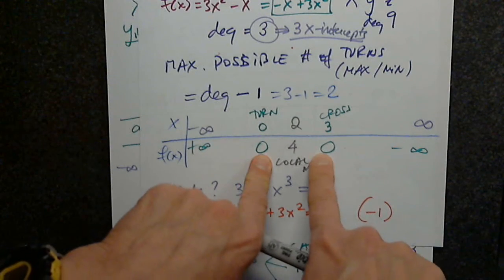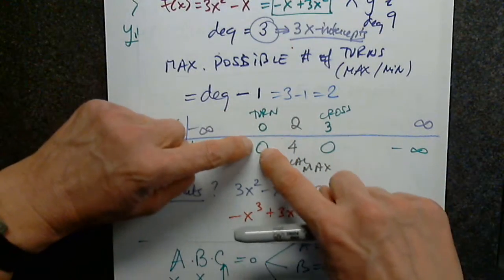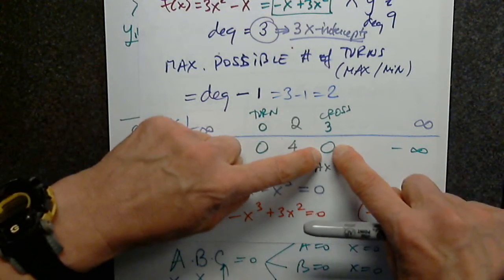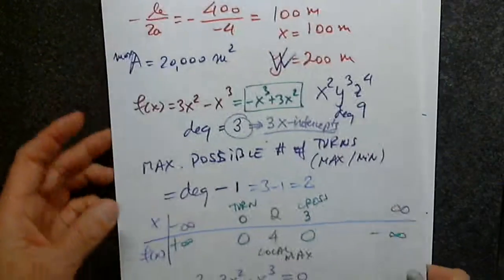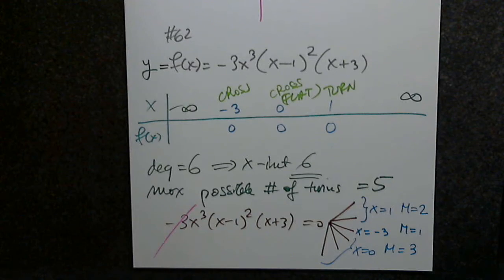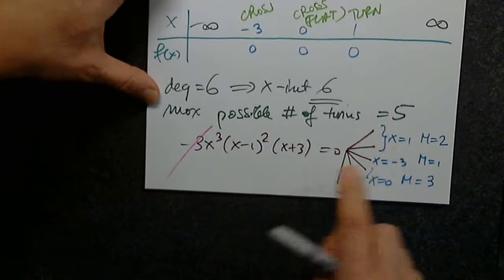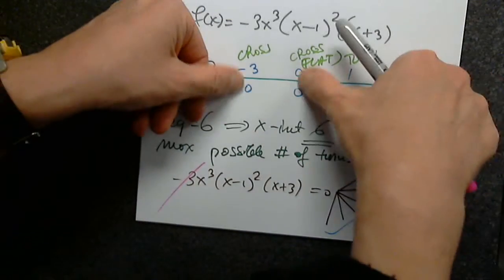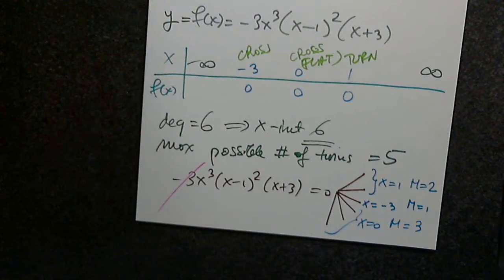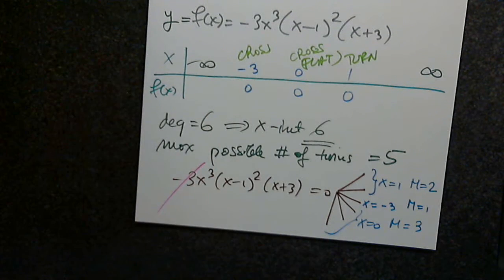Therefore y must be 0 at those points, because these are the x-intercepts: 0, 0, 3, 0, like 1, 0 and 3, 0. Now, is that better? When we set y equal to 0 and get these three numbers, they are all x-intercepts, so they must be on the x-axis: -3, 0, 0, 0, 1, 0.